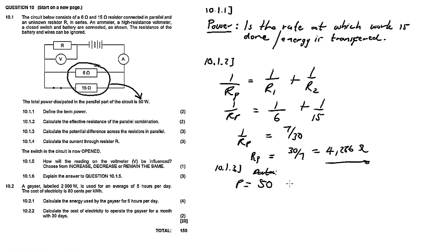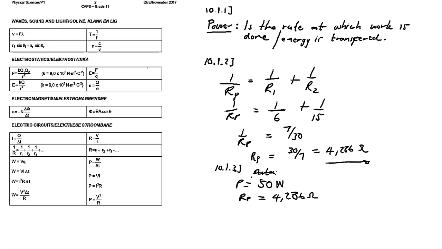So it makes sense to use this given power. And then what else do I have? The total resistance in parallel is 4,286 ohms. Now I think we keep a look at the formula sheet.